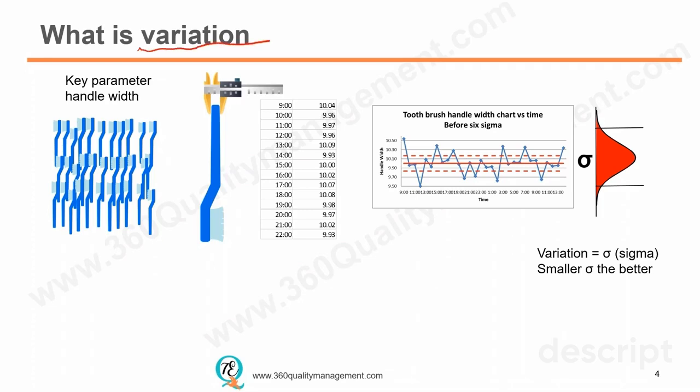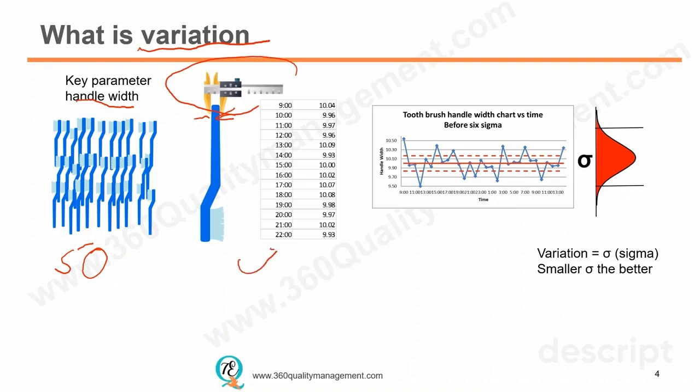Let's say one of the key parameters that we would like to monitor is the toothbrush handle width. So what we do is sample 50 toothbrushes from different times during the manufacturing process and measure the width using a vernier caliper.